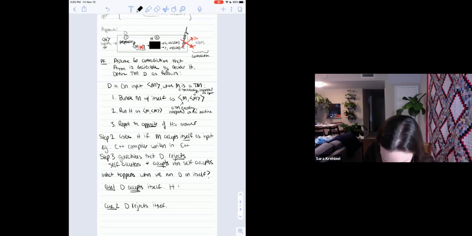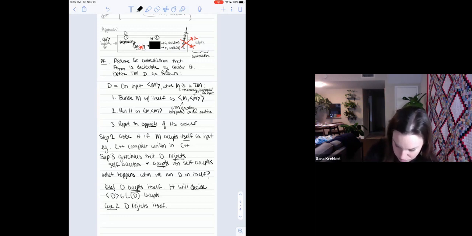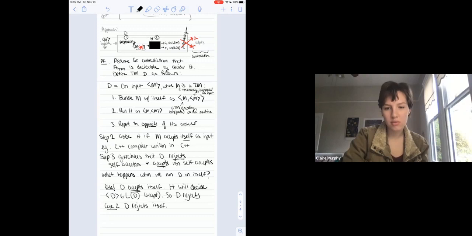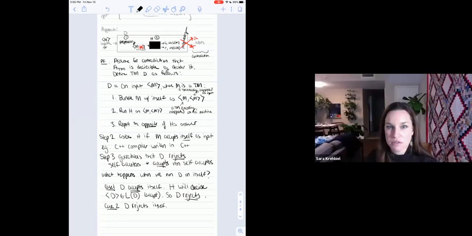So H will decide D is in the language of D, that corresponds to an accept. And in step 3, we say that we flip the answer. So D rejects.